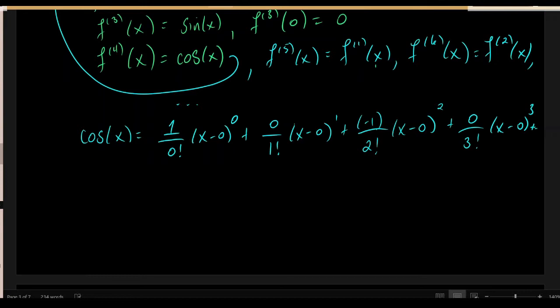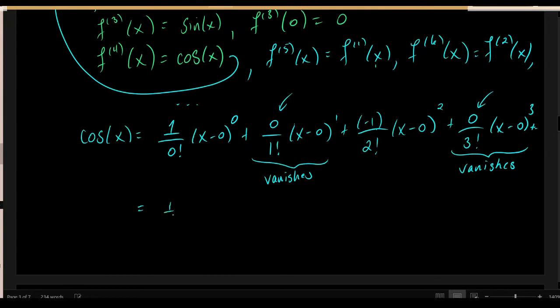So because of that, all of the odd powers of x are going to vanish. Because of that 0 in the front, it will cancel out this term. All the odd powers will vanish and only the even powers will be left.